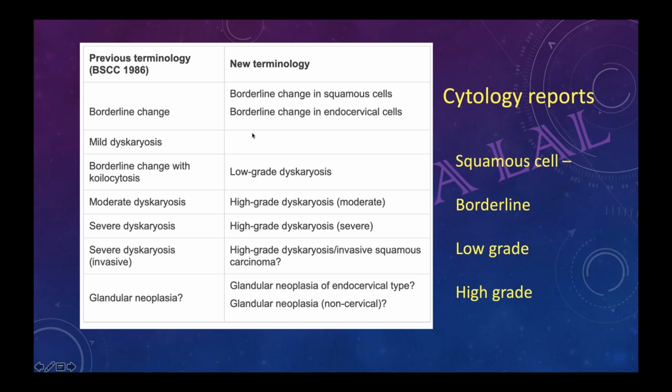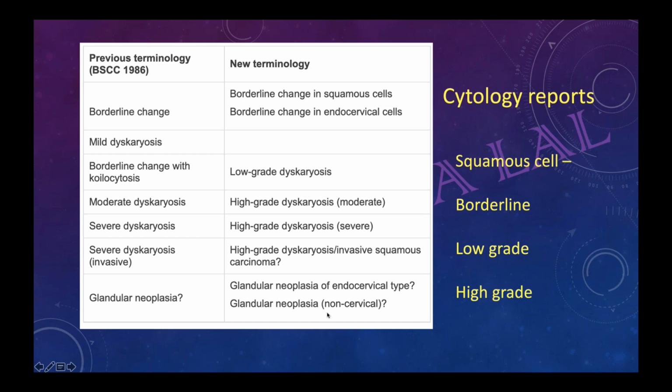So the terminology has been changed, and you have to use this terminology, though you know it already, because the guideline is already giving all the things in this terminology only. Okay, so I'm repeating it again. It will be borderline change in either squamous or endocervical cells, low grade dyskaryosis, high grade dyskaryosis which will be moderate and severe, invasive squamous carcinoma, glandular neoplasia of endocervical type, and glandular neoplasia of non-cervical type.